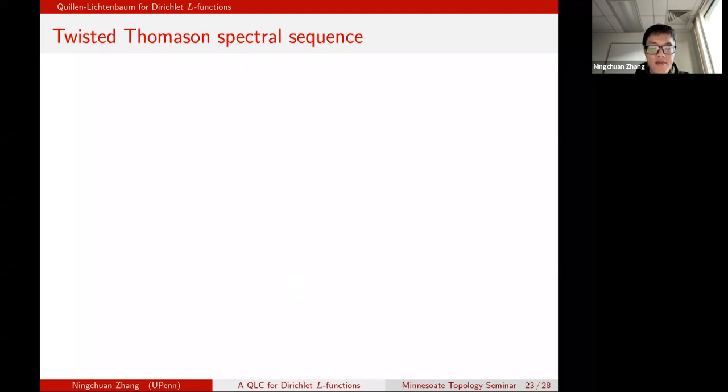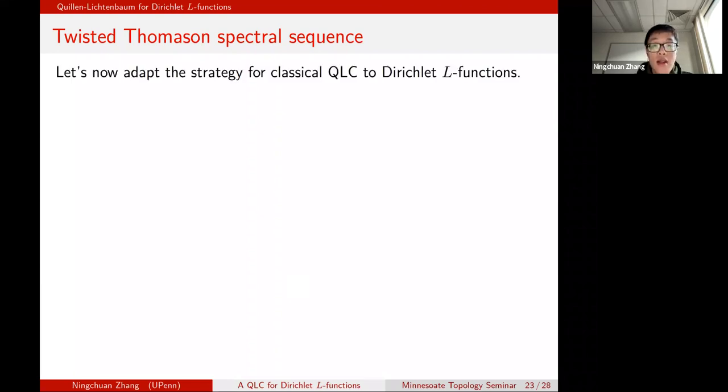And there is an Iwasawa main conjecture for Dirichlet L functions as well. So you may wonder, is there a Thomason spectral sequence also? Can we incorporate the Galois representations in the Thomason spectral sequence?